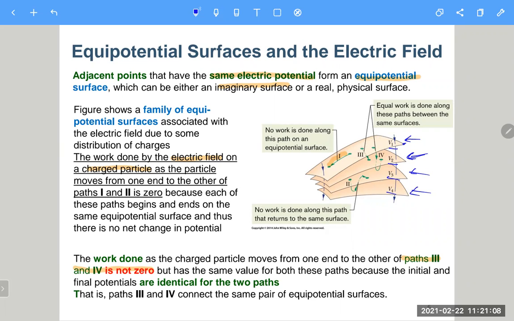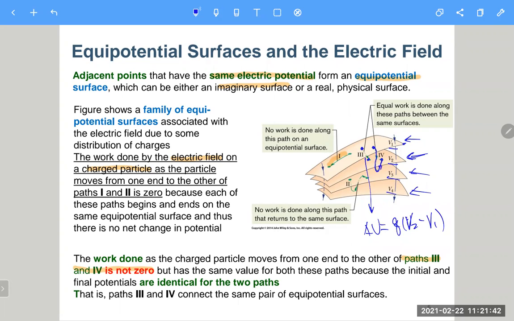Path 3 is moving from V1 to V2. So the potential energy change for path 3 is q times V2 minus V1, something like this. And for path 4, it also moves from V1 to V2, but it goes over and comes back.